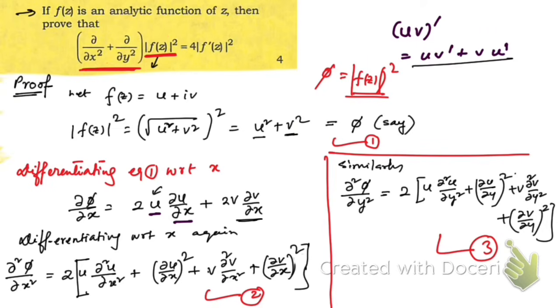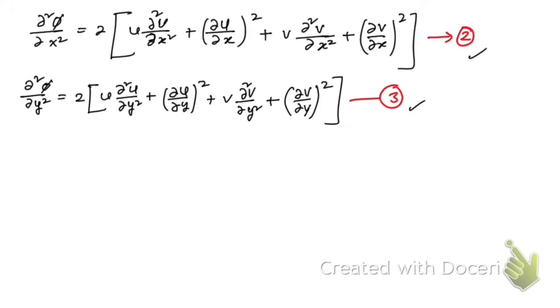So that's why what we're going to do here, let's add equation number 2 and 3, adding just simply: equation number 2 plus equation number 3. If you add these 2, then what you're gonna have on the left hand side, you're gonna have this, right?